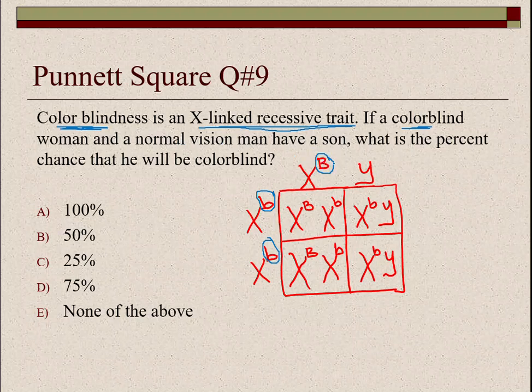Then you cross the genotypes, and here are the results. So we can see over here, we have a normal vision female, and here we also have a normal vision female. But over here, I see that we have a colorblind male and a colorblind male.